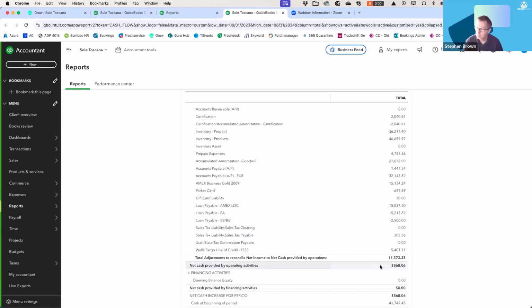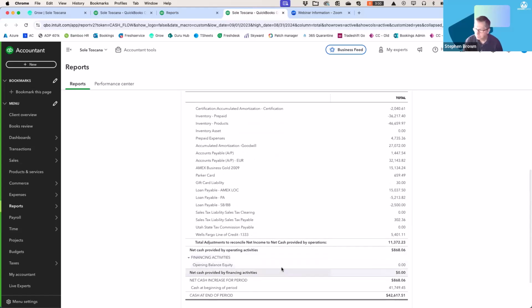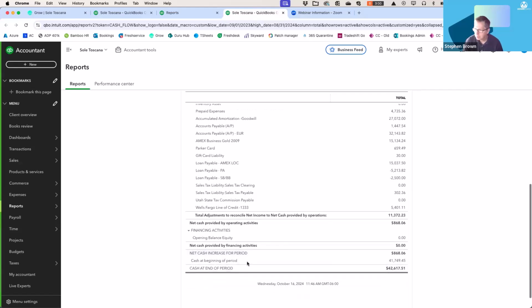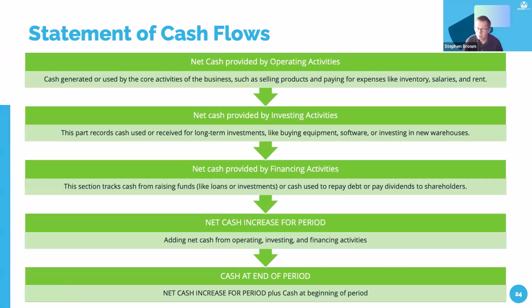Oh boy, $800. That's deliberate. We're in a growth mode. Then I look at financing activities, which we didn't have. And then I have my, what was the third piece? Drawing a blank. Investing activities.